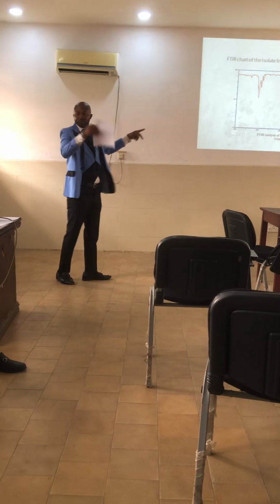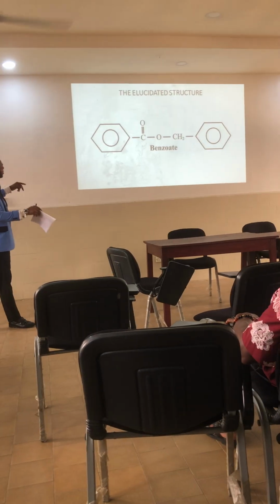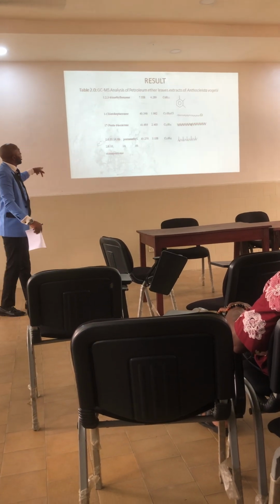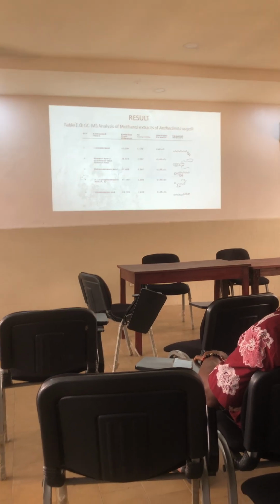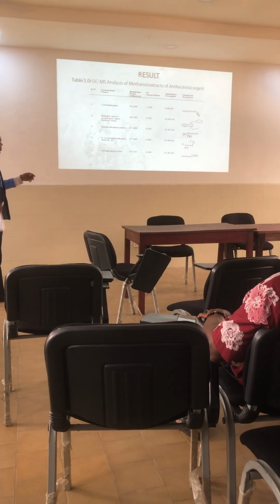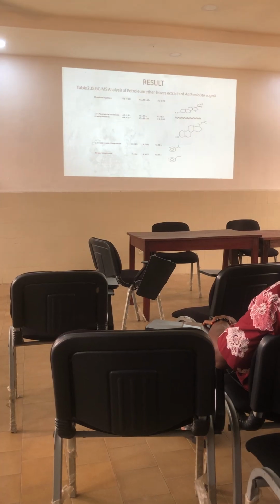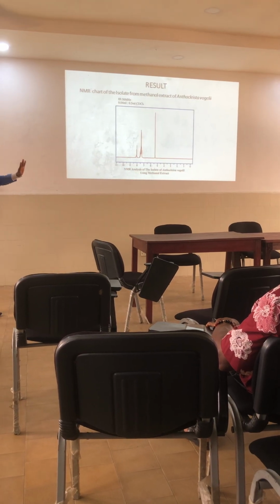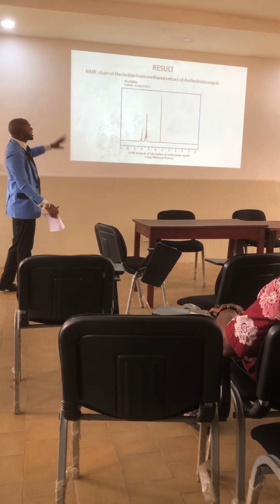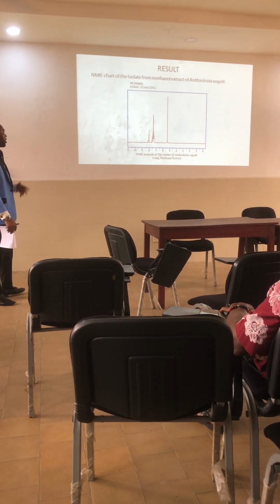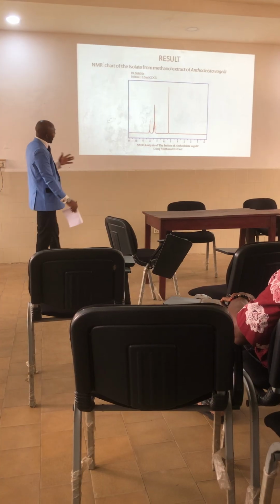Okay, I want to start from the NMR. In the NMR, it shows that we have 3 peaks, so there are 3 chemical environments. Now, we have to begin to check.